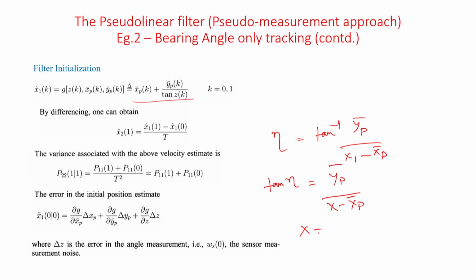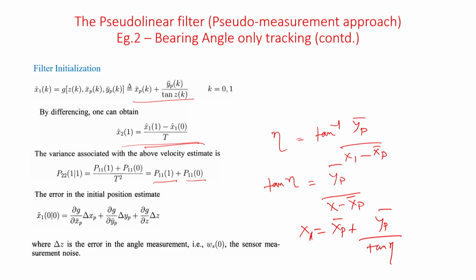So, x 1 will be x p plus y bar p divided by tan of eta. Now, once you get this, x 1 is your position. Now you differentiate, you get x 2, simple 2-point differentiation, and now you calculate your P 11 and P 22. Obviously, P 11, P 22 is very easy. If you can calculate P 11, then you can calculate P 22.